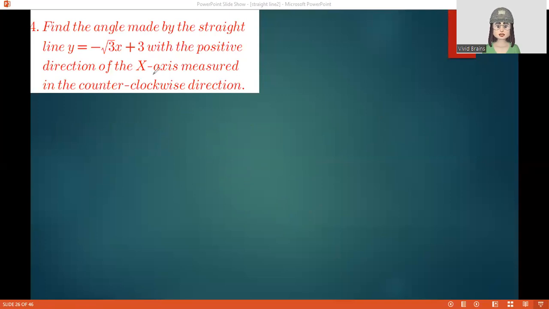Find the angle made by the straight line y is equal to minus root 3 x plus 3 with the positive direction of x-axis, measured in the counterclockwise direction. What is the equation of the given line? Equation of the given line is y is equal to minus root 3 x plus 3.